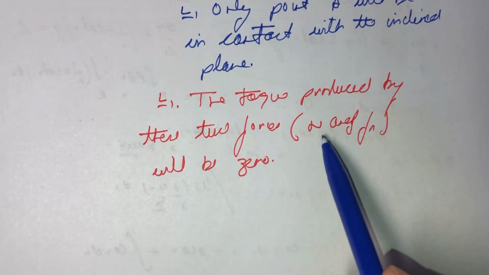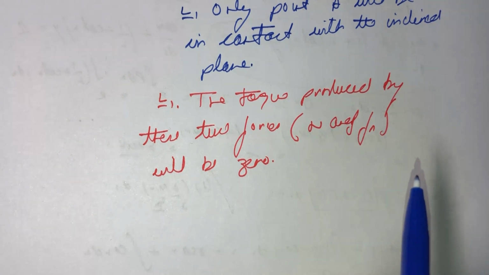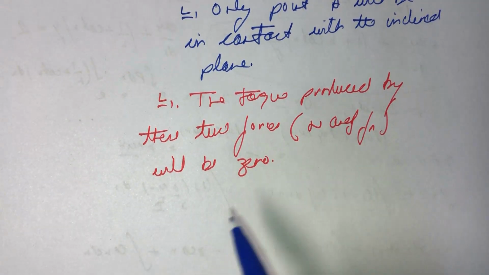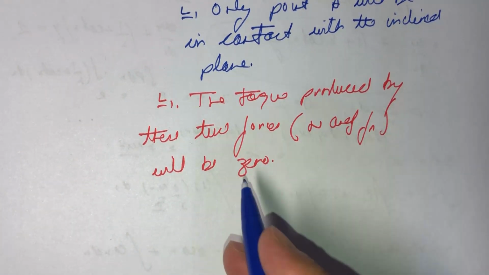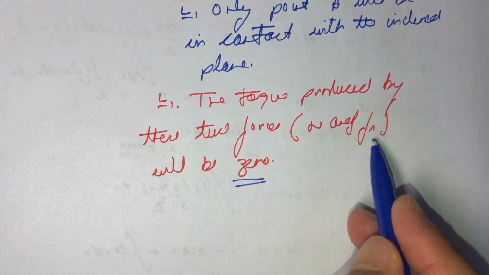In this case, the normal as well as frictional force will be exactly at point A, so the value of R will be 0. Therefore, the torque produced by the normal and the frictional force will be 0.